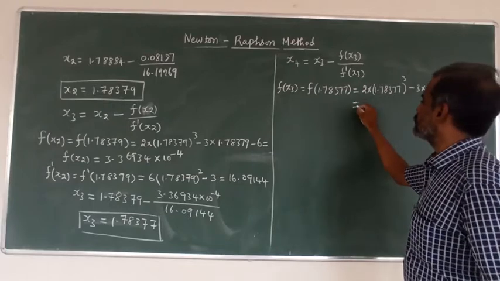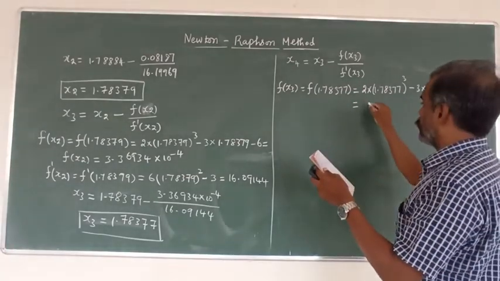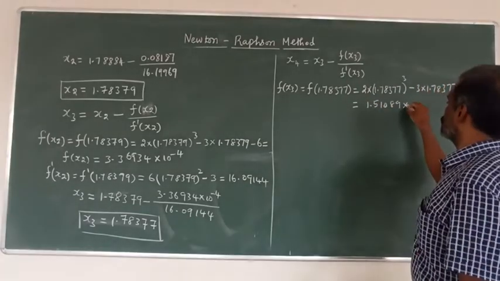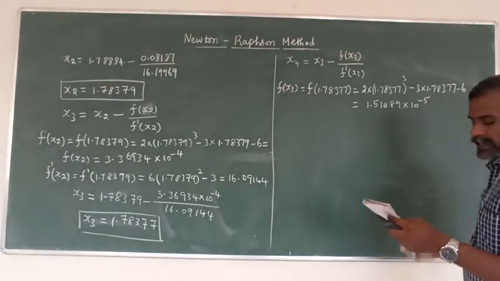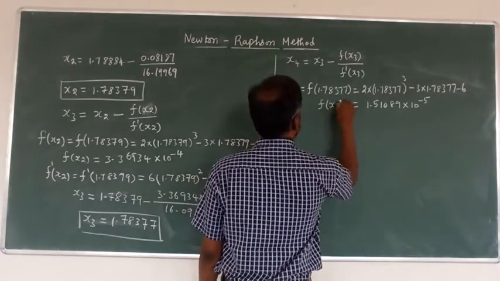Now simplify this one, we can get 1.51089 into 10 to the power of minus 5. This is for the f of x3 value.